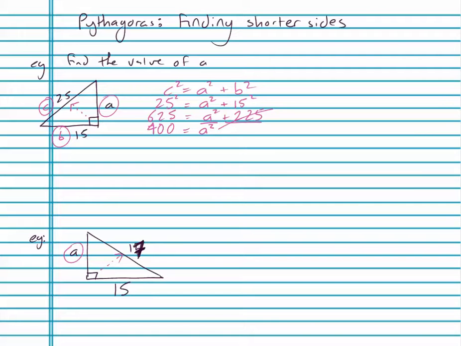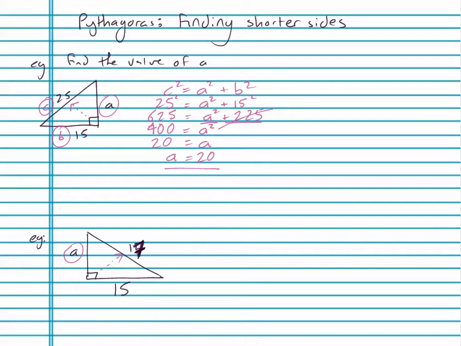You'll remember to get rid of a squared, we do the square root of both sides. That will be a, and the square root of 400 is 20. Now I've got this the wrong way round, but it doesn't matter. If 20 equals a, a is 20. Check that it's shorter than the hypotenuse. Yes, it is. Had to be. And we're done.